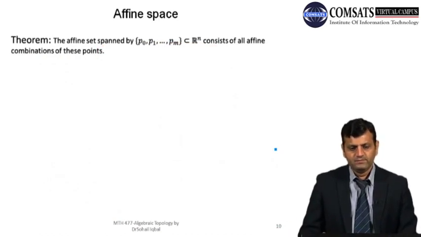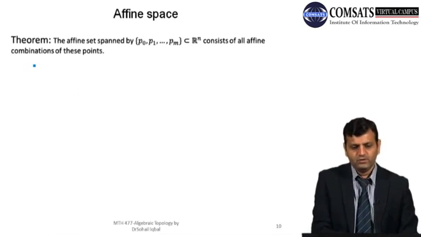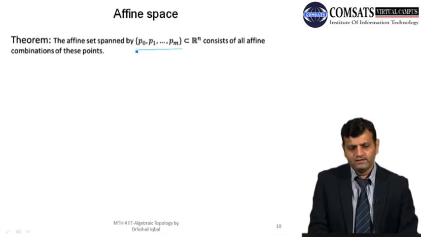The affine set spanned by these m+1 points consists of all affine combinations of these points. Okay, so this is the result, and we are going to omit its proof. So what is an affine set spanned by m+1 points?